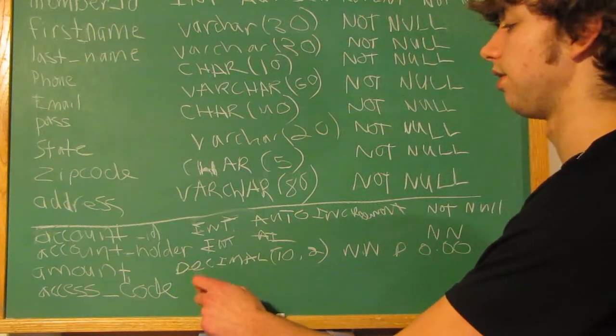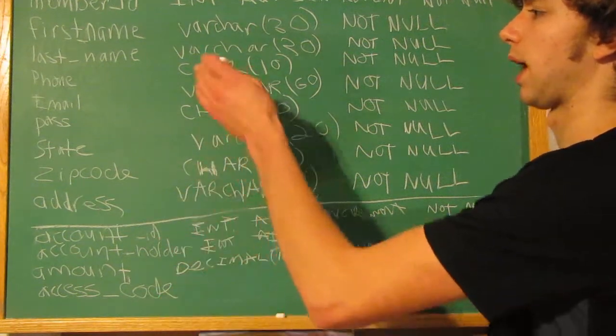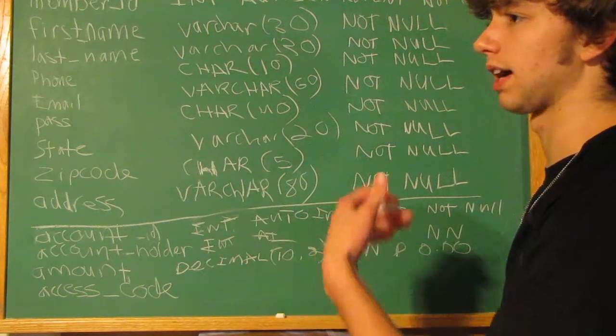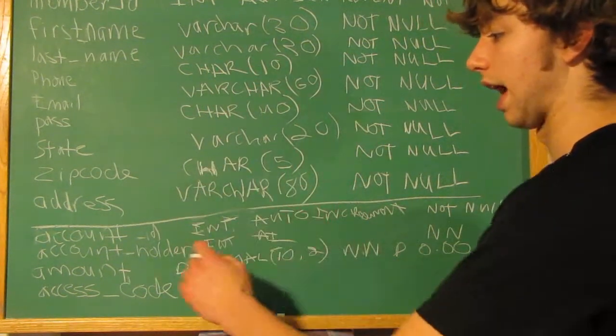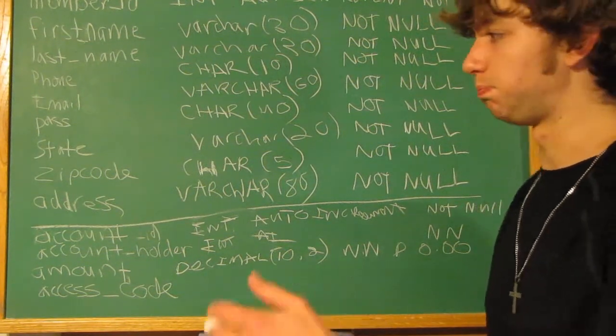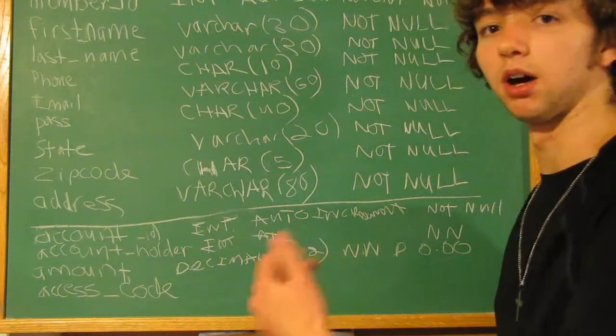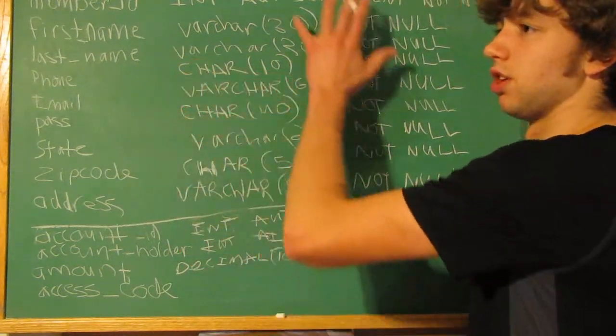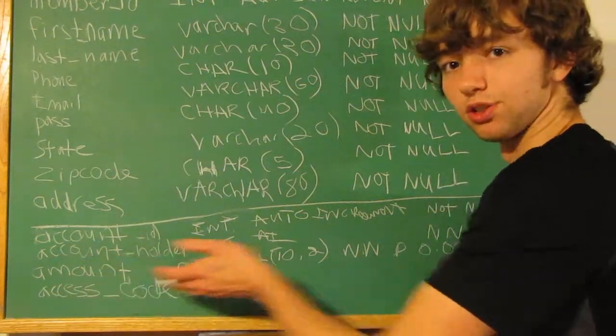Access code, the difference between access code and password. The password is to access their account, and then the access code will be used to access individual accounts. The password will access their user account. This will access their different bank accounts.